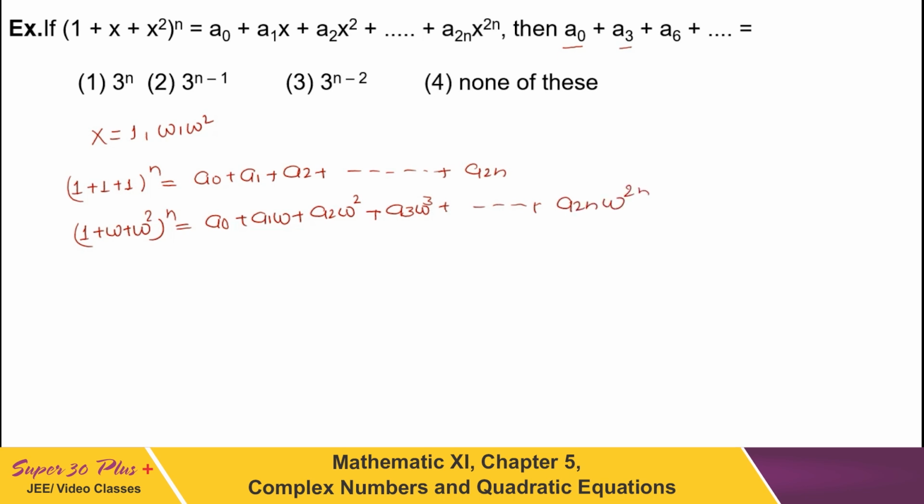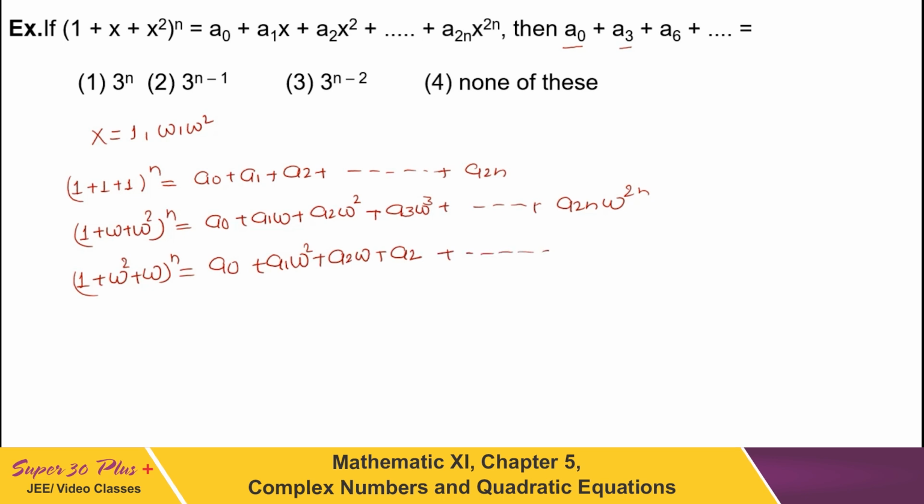Now for omega square, it will become (1 plus omega to power 4, which is again omega) whole power n is equal to a0 plus a1 omega square plus a2 omega, plus a3 omega to power 6, which means a3, and so on.